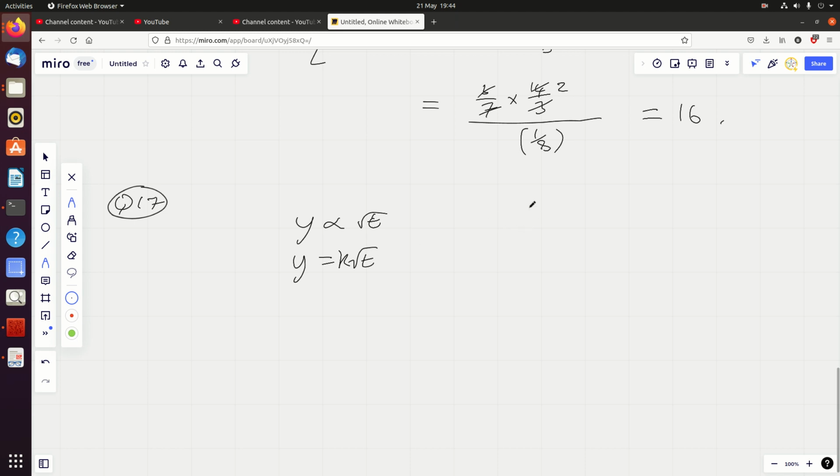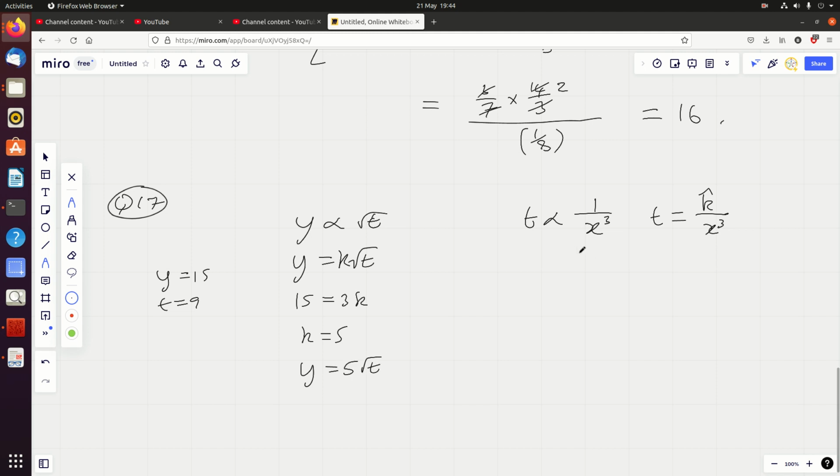We've got t is inversely proportional to the cube of x, so t equals, let's use a different symbol now for this constant of proportionality, k hat over x cubed. Now they also told us that y is 15 when t is 9, which means I can find this equation because I'm going to have 15 equals 3k because square root of 9 is 3, and so k is 5. So now write down the equation, y equals 5 root t.